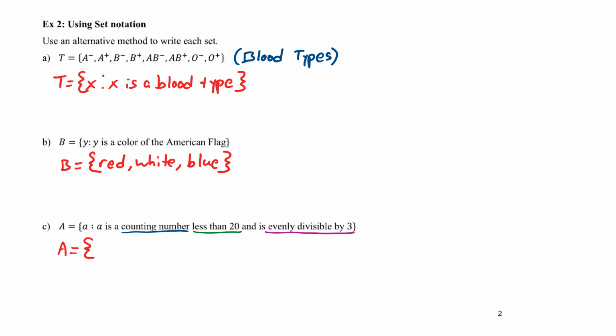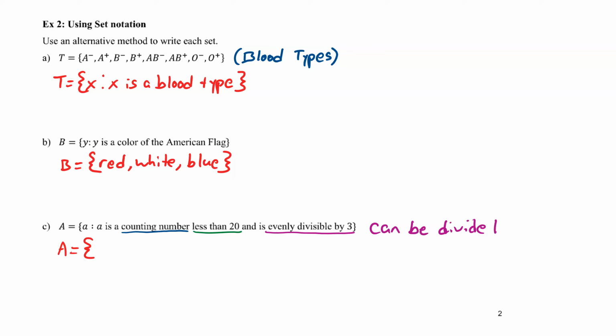So we're thinking about that group of numbers where they're also less than 20 and that last condition, evenly divisible by 3. So that means whatever numbers we pick are going to be divisible by 3. Can be divided by 3.